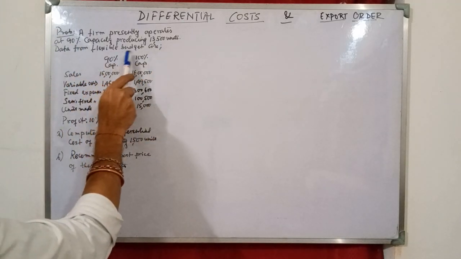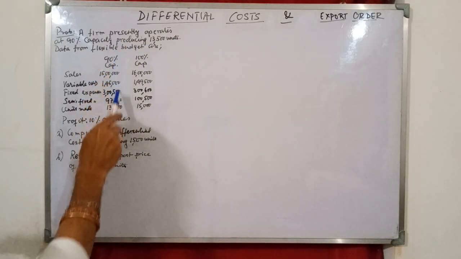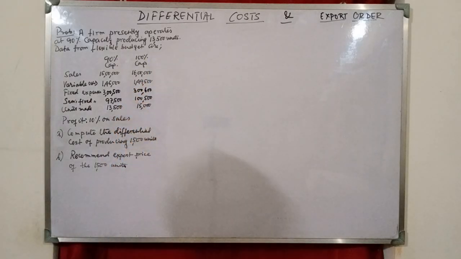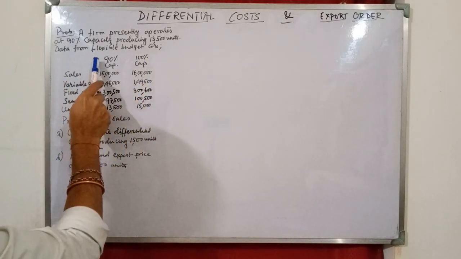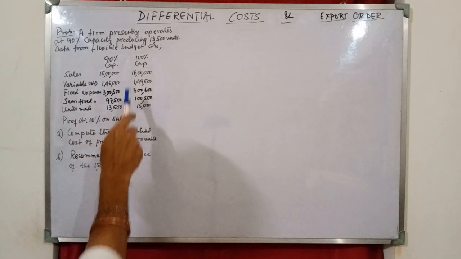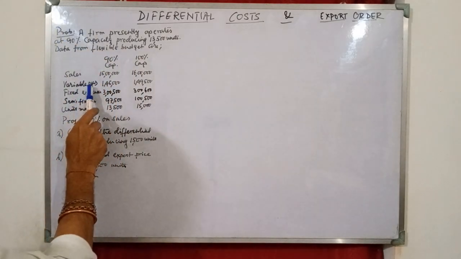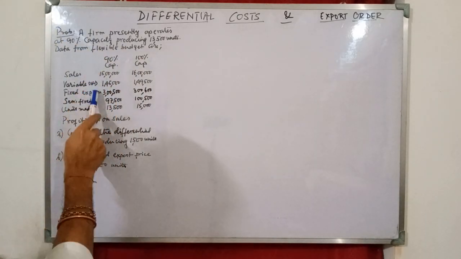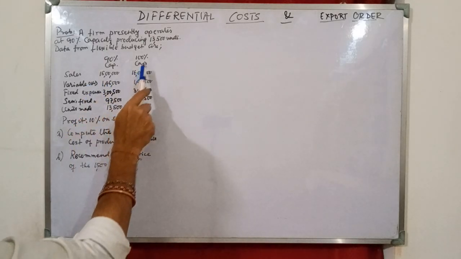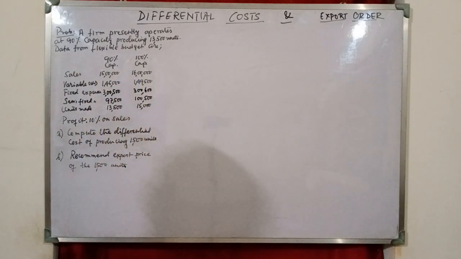Data from the flexible budget are as follows. This column is for 90% capacity and this column is for 100% capacity. Sales at 90% capacity is 15 lakh and at 100% capacity it is 16 lakh. Variable overhead at 90% capacity is 1,45,000 and at 100% capacity it is 1,49,500.